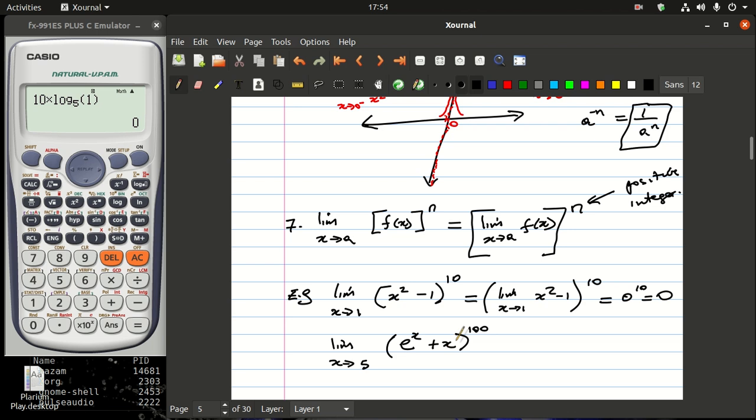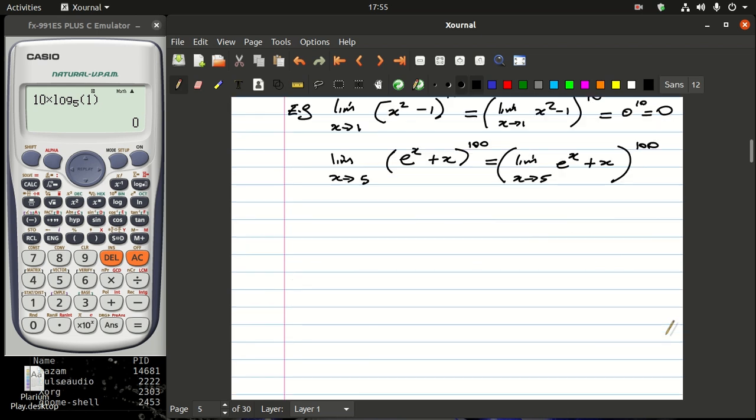We cannot expand this and then take the limit. The rule says that as long as I can find the limit of the inside, I take the limit as x approaches 5 of e to the power x plus x, and later I give it the power 100.